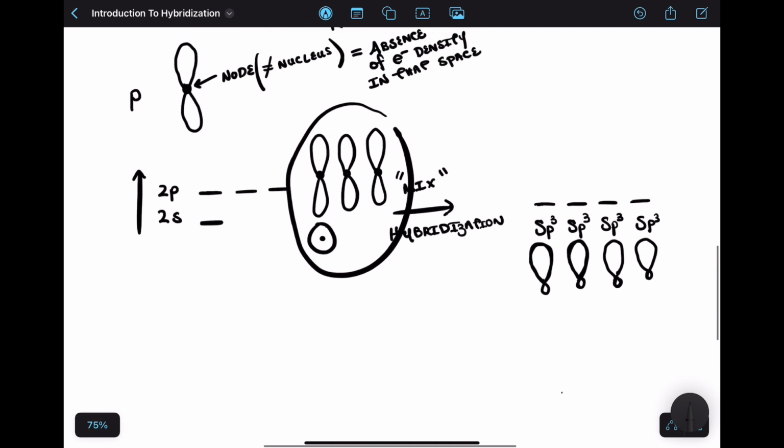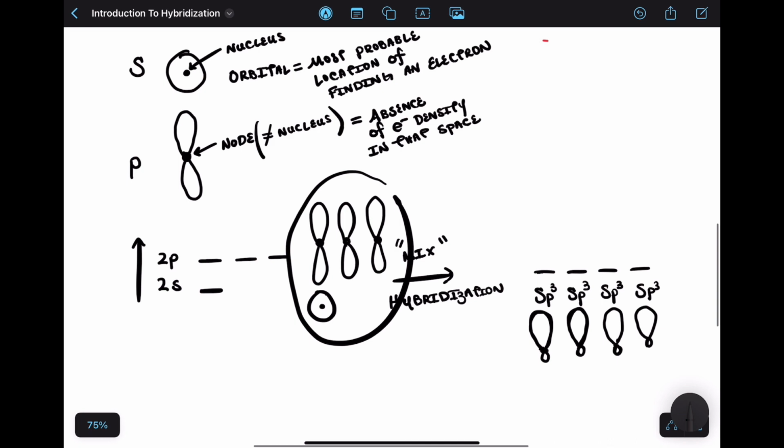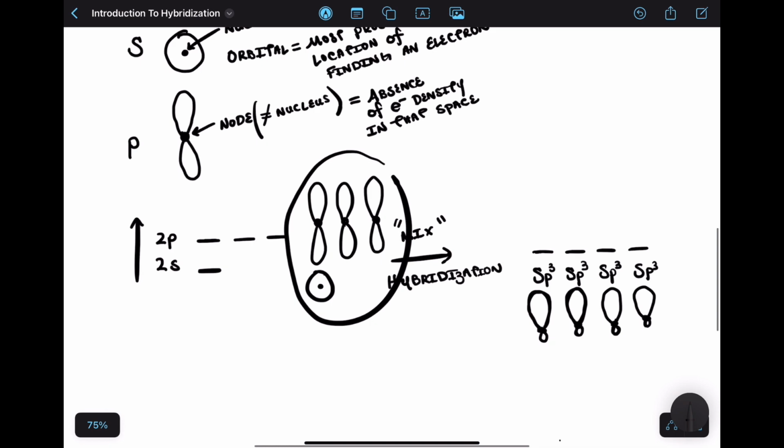So let's take a look at recapping this. These will also have nodes here, areas where there's an absence of density. Now, there are other ways we can also mix those orbitals.